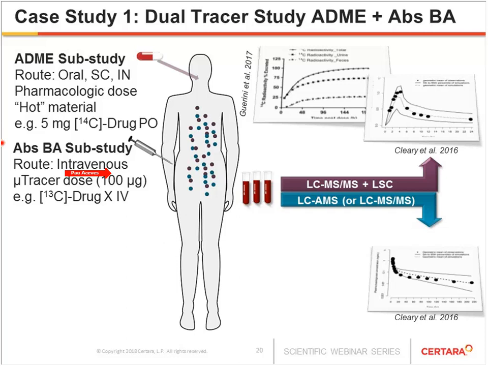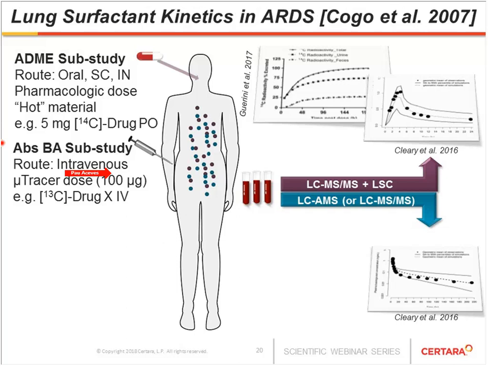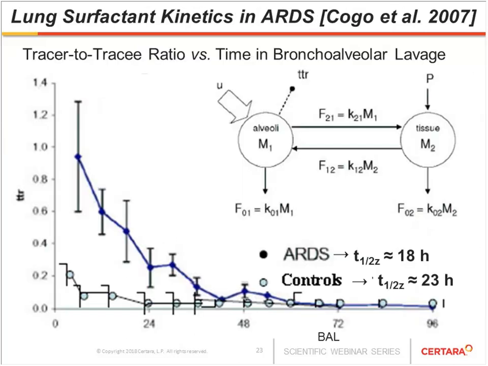Looks like we have one final question from our audience. Someone wants to know, was there any evidence that the pool sizes determined by tracer kinetics had any resemblance to reality? Yeah, that's a fair, a valid comment, and that's something I was concerned about in my example of the lung surfactant kinetics.